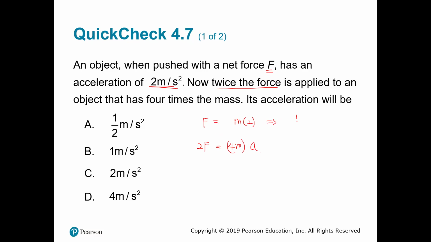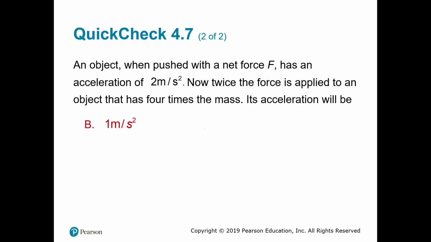From here, you can already find F over m, the ratio; acceleration is 2. If you divide both sides by 4m, you will see 1/2 times F over m. And F over m is a, so this is 1/2 a. So the new acceleration is half of the original value. The acceleration was 2, so your answer is half of it, which is 1.